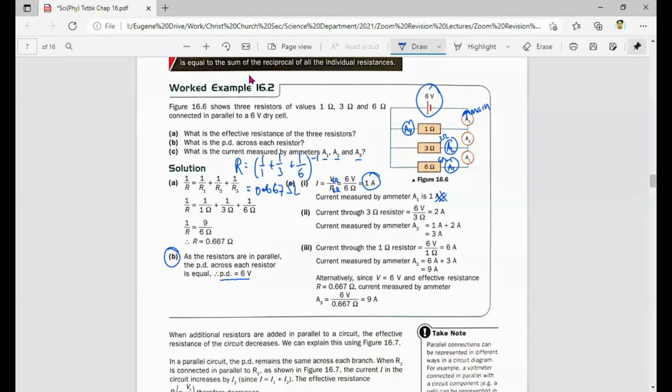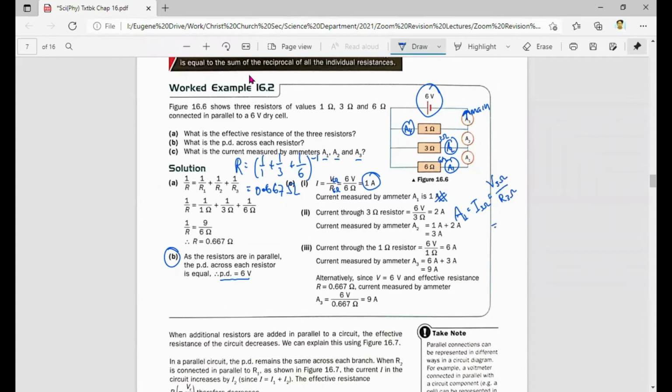To find the current across the 3 ohm, you take the voltage across the 3 ohm divided by the resistance of the 3 ohm.